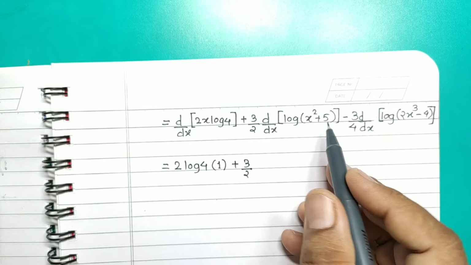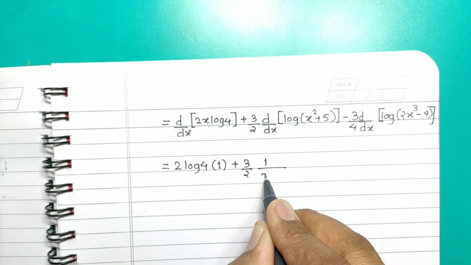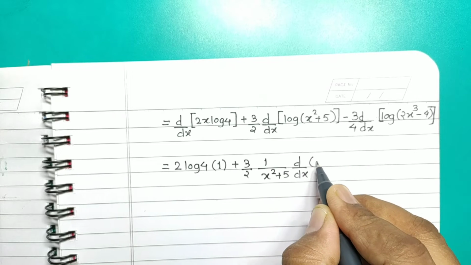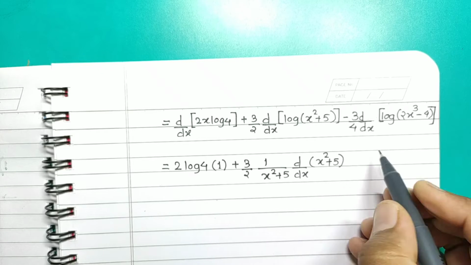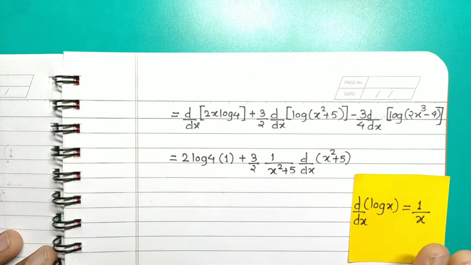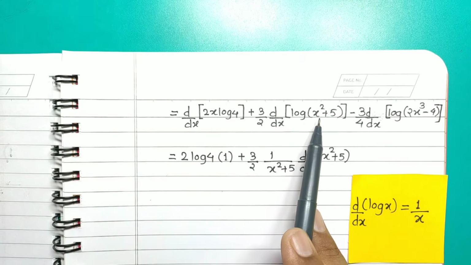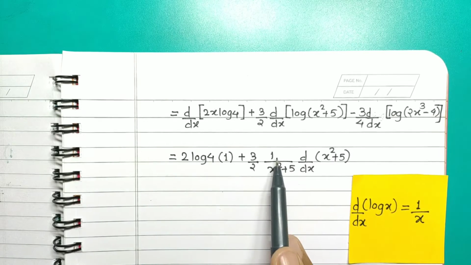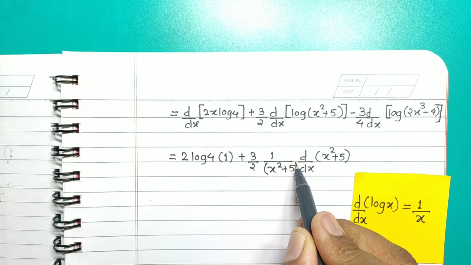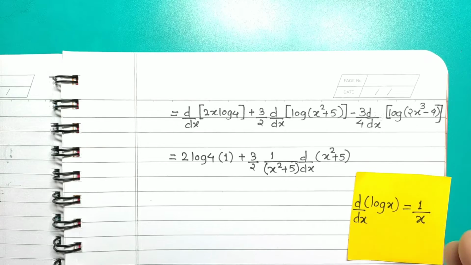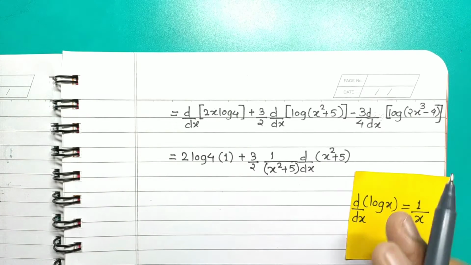The derivative of log of something is 1 upon something into the derivative of something. We know that the derivative of log x is 1 upon x. So we have treated x square plus 5 as something. So the derivative is 1 upon something, into the derivative of that something, x square plus 5. So here we have used chain rule.